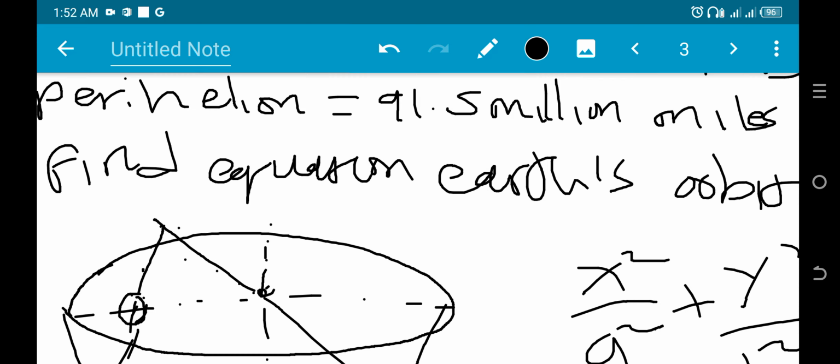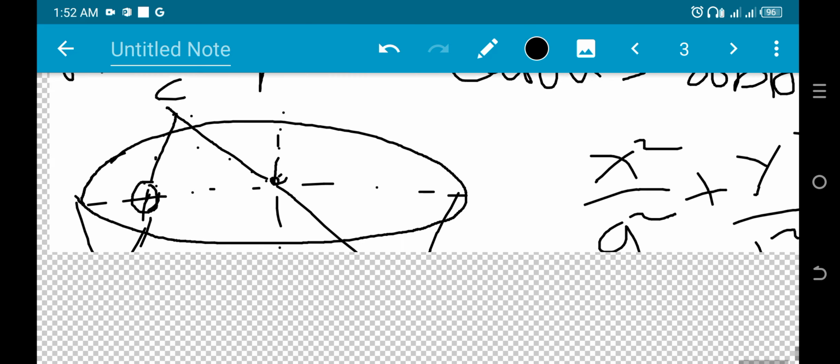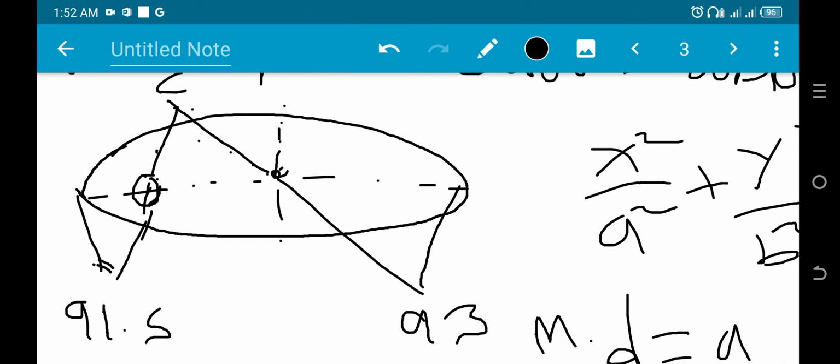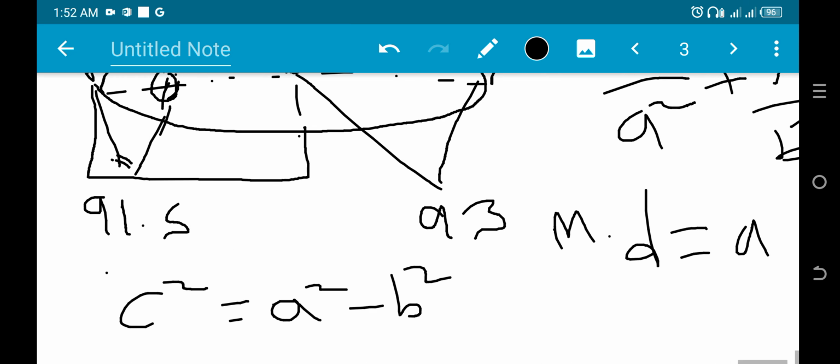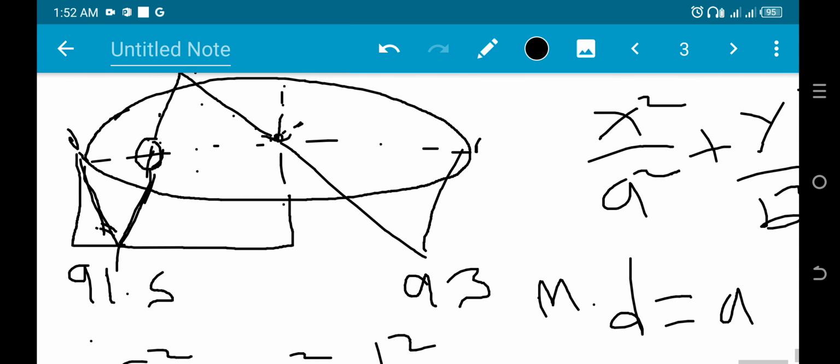This is c. We've been given the mean distance, which is from the center to this vertex, and we've also been given this distance here, which is the 91.5. So how can we find this distance here?